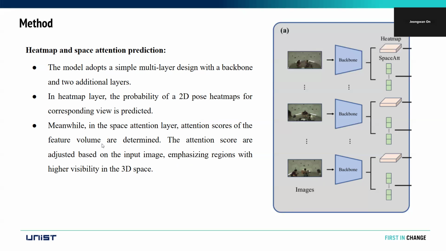The other one is the space attention layer, which predicts the attention score of the feature volume. This attention score is based on the input image to emphasize the regions with higher visibility in the 3D space.